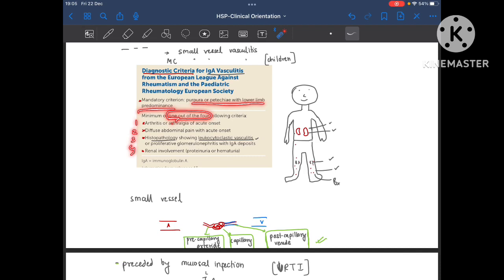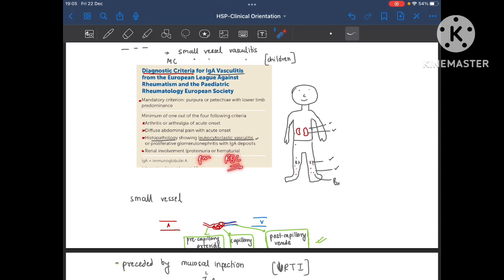One is arthritis or arthralgia of acute onset, diffuse abdominal pain with acute onset, histopathology biopsy showing leukocytoclastic vasculitis, or kidney biopsy showing proliferative glomerulonephritis with IgA deposition, and evidence of renal involvement, that is protein or RBC should be present, right?